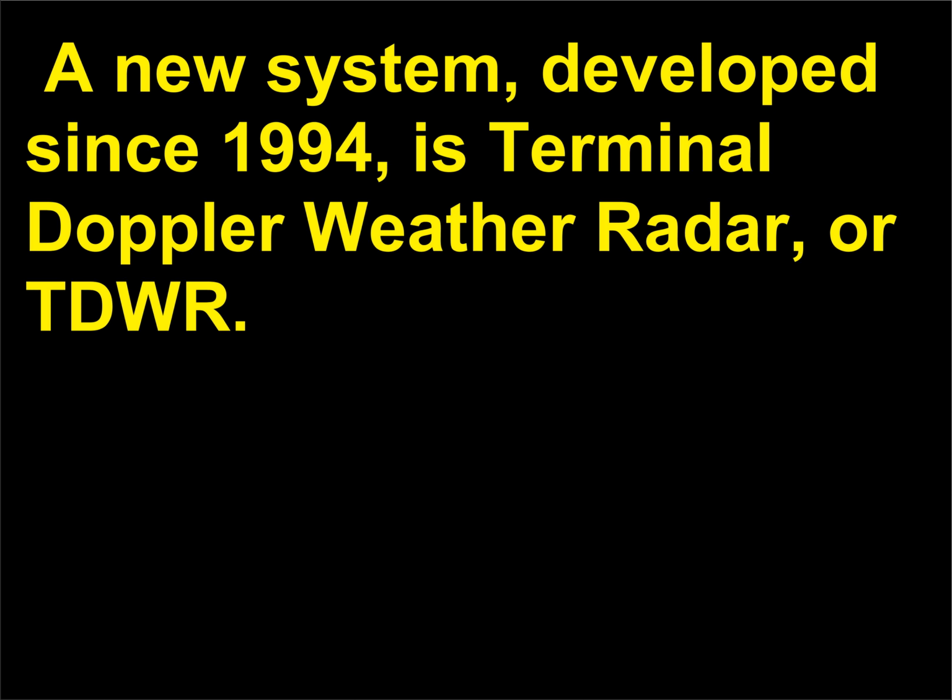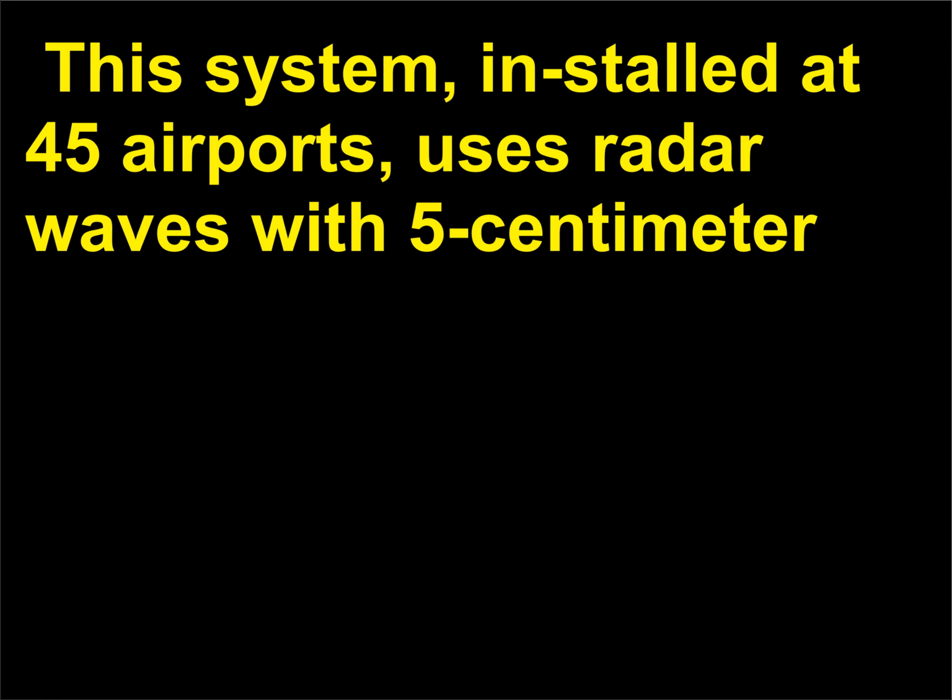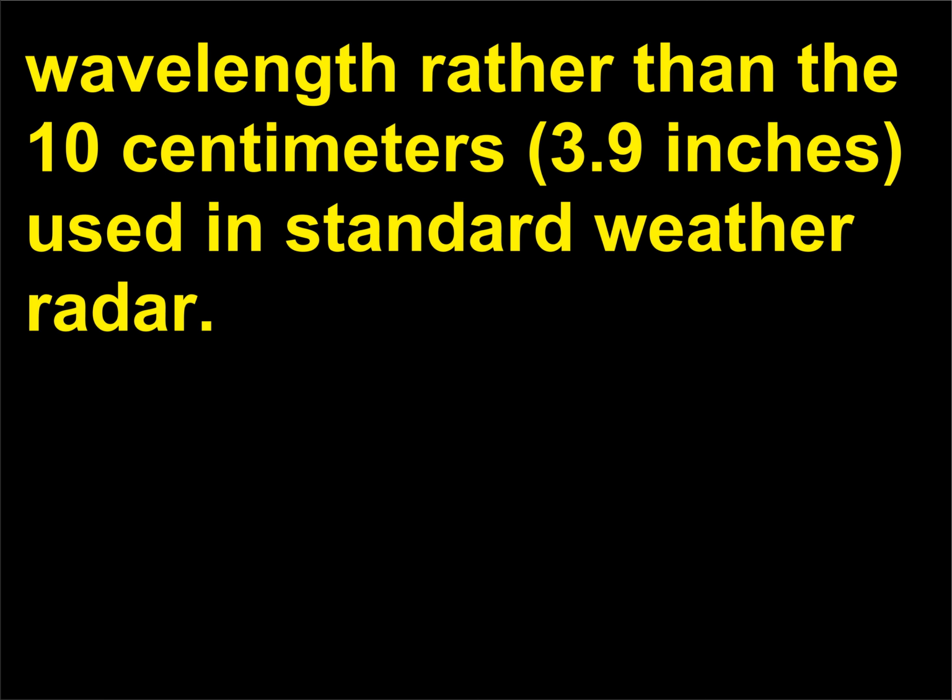A new system, developed since 1994, is Terminal Doppler Weather Radar, or TDWR. This system, installed at 45 airports, uses radar waves with 5 cm wavelength rather than the 10 cm, 3.9 inches, used in standard weather radar.